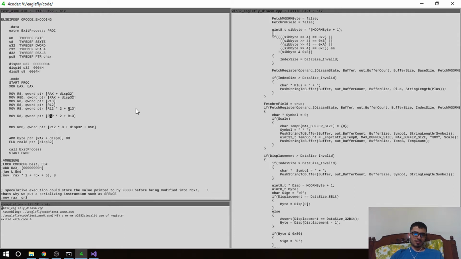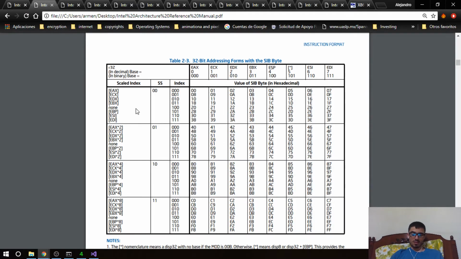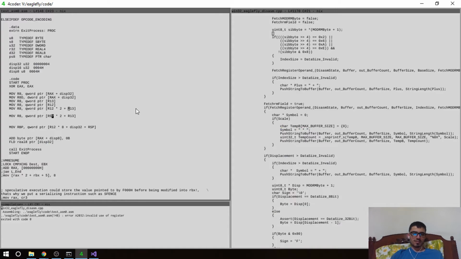This is not possible because we are using RSP. Okay, that's good. Good to know, good to know. But we can use R12.